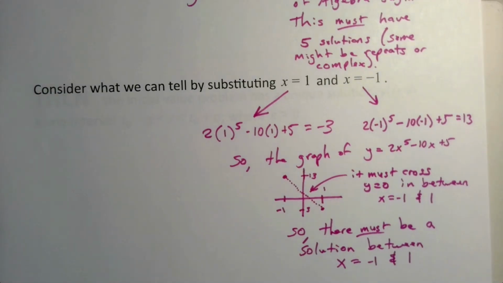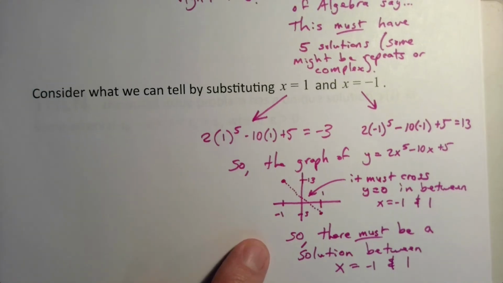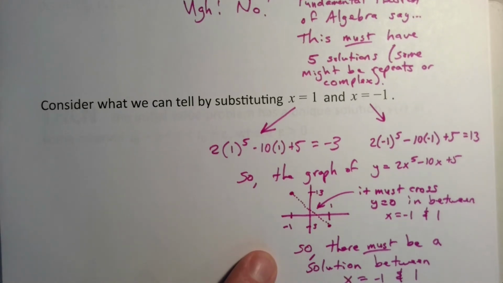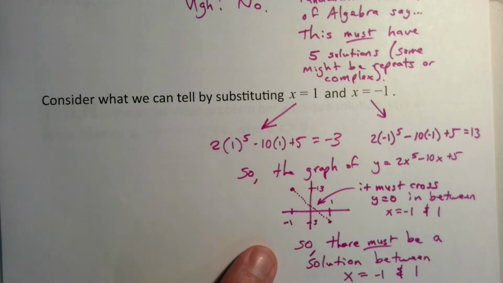Doesn't have a choice. There must be a solution. So this is handy because we're able to use the fundamental theorem of algebra and say we're guaranteed to have solutions. They exist. And then we know some other things about the fact that it's a polynomial, and we can put it together.